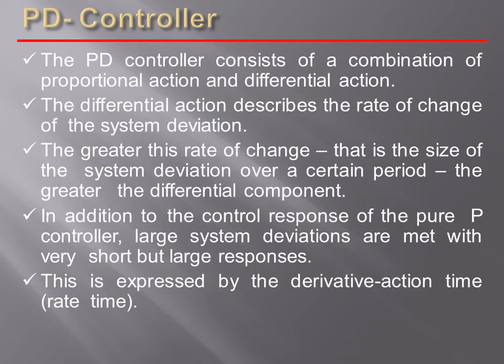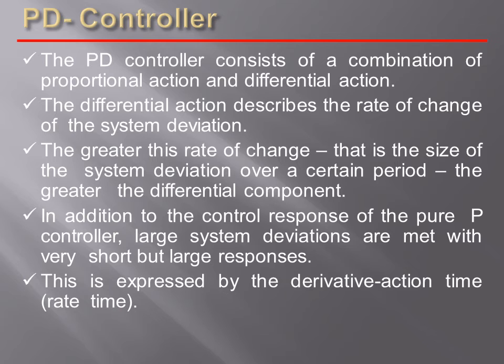So the PD controller is the combination of proportional action and differential action or derivative action. The differential action describes the rate of change of system deviation. The greater the rate of change of deviation, that is the size of the system deviation over a certain period, the greater the differential component.